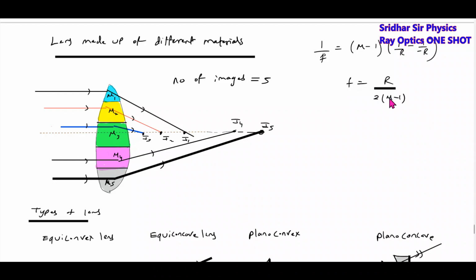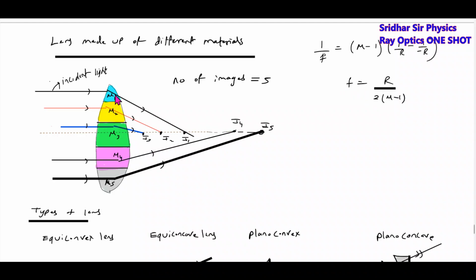As the mu changes, the focal length has to change. So here the lens is made up of 5 different materials. Then the parallel beam of light which is incident will not converge at one focus. It will spread. So this will have one focal length, the second, yellow color, will have one focal length, mu 2, because as the mu changes, the focal length will change. So the rays will converge at different points.